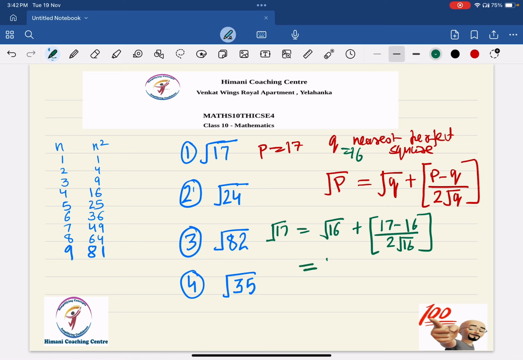So now root of 16 we know is 4. And here you will have 1 and 2 times 4 is 8. 1 upon 8 would be 0.125. So we can just do that. Okay, and you will get, just a second. So we do this. So what do you get?